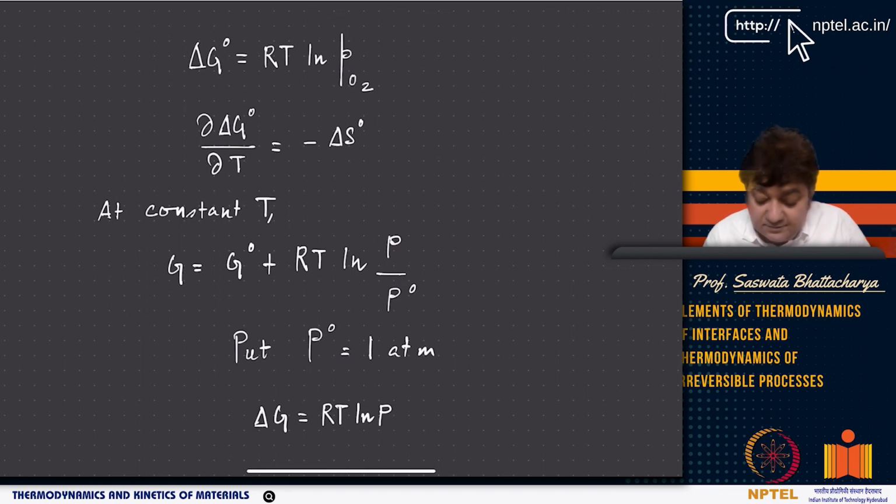So you are putting P naught equal to 1 atmosphere, then RT ln P minus RT ln P naught, and RT ln P naught is basically 0, and you have RT ln P here, and you have delta G, right? So that's the idea.